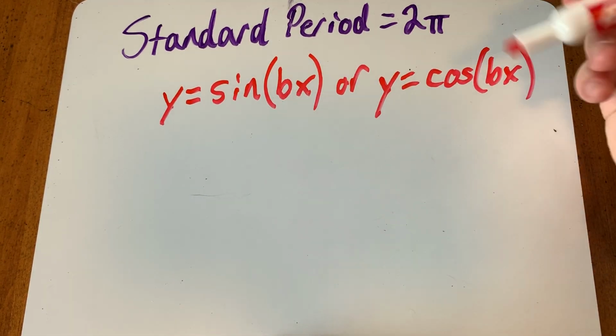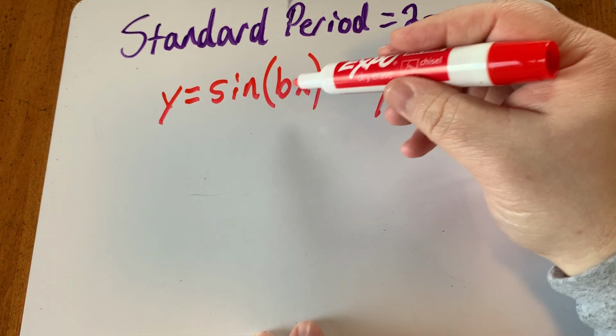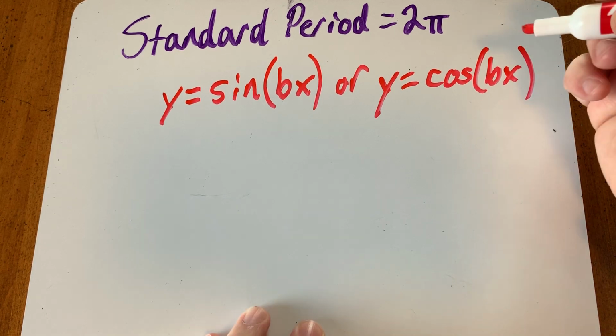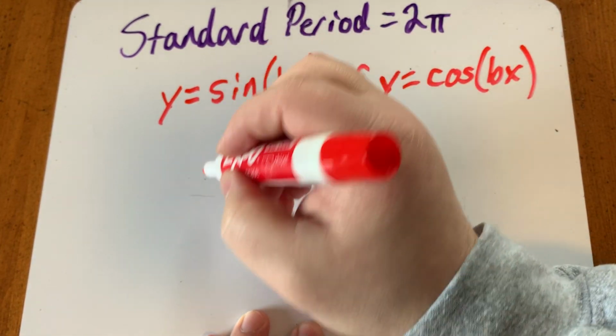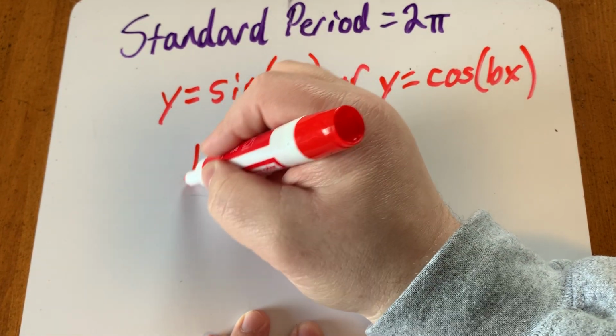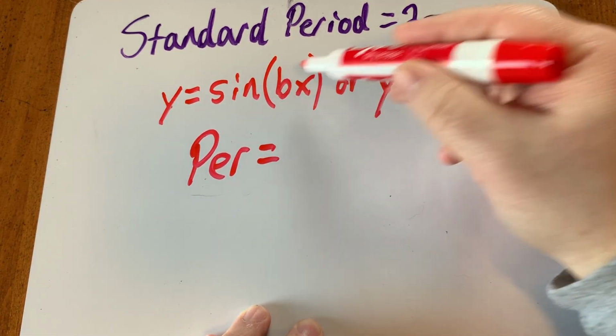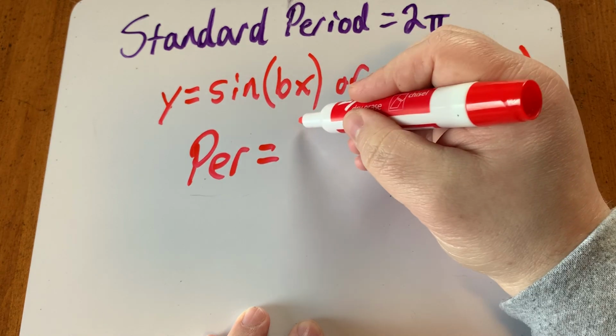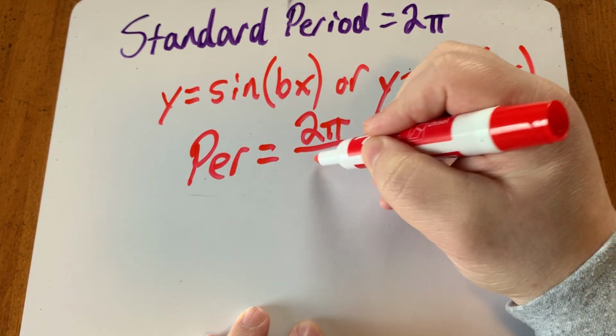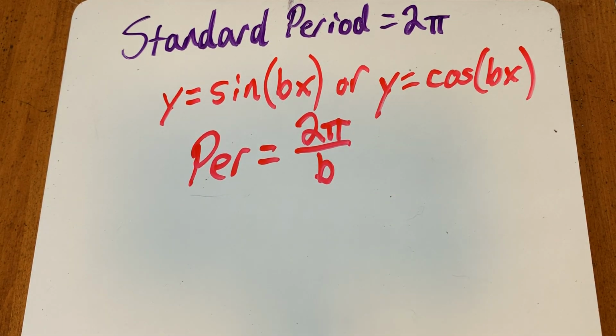So this value b helps us find out what our period is. Our standard period is 2 pi. If you have a value b, you take the standard period and you divide it by b. And that's it. That gives you your modified period.